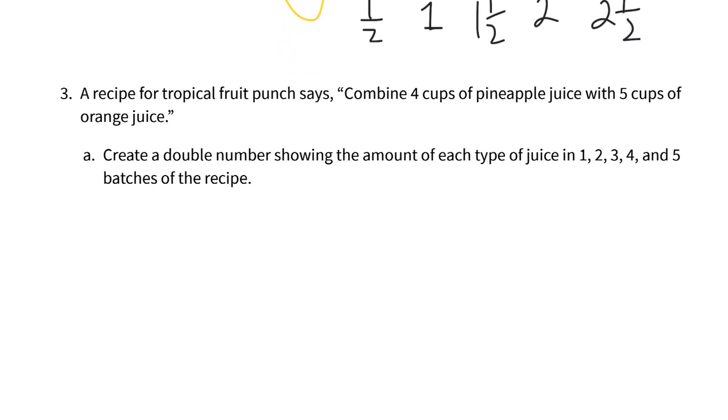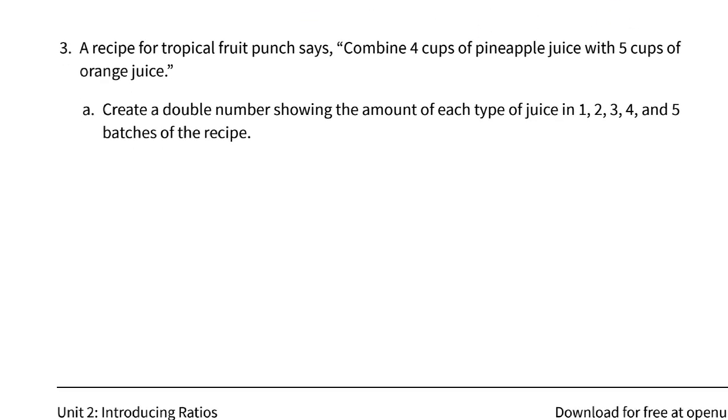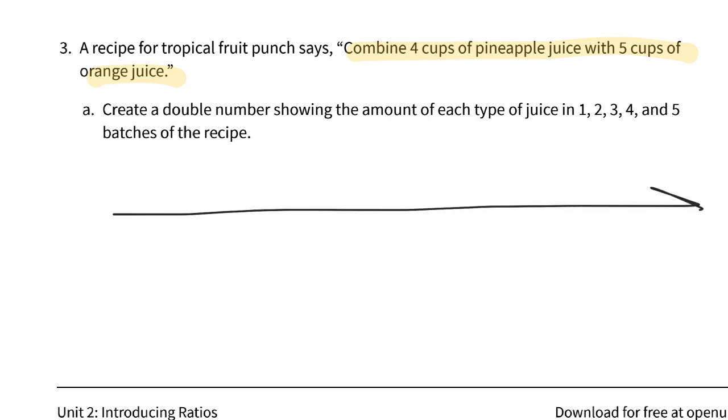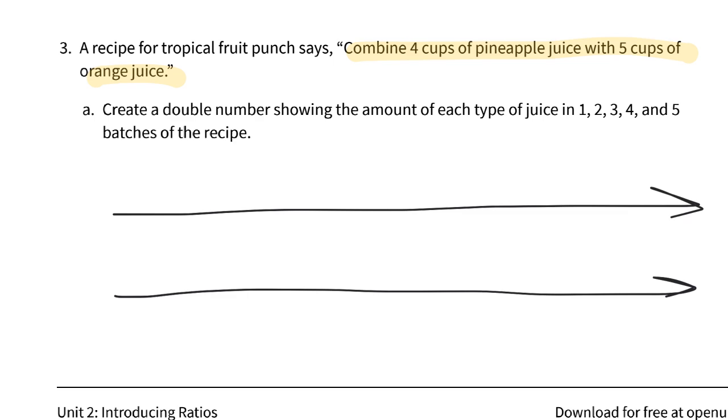Now, number 3, a recipe of tropical fruit punch says combine here. So here's our original ratio right here. Create a double number line. So they're making us start to do more and more of the work on our own. So here's our first line, here's our second line, and this one is our pineapple, and this is our orange, and they always start at 0.